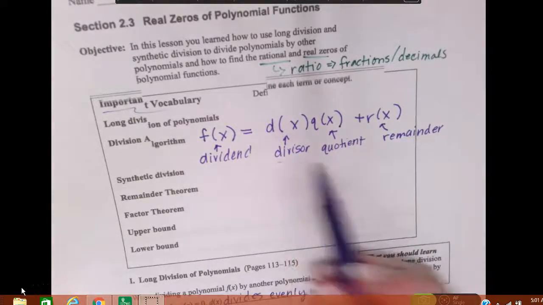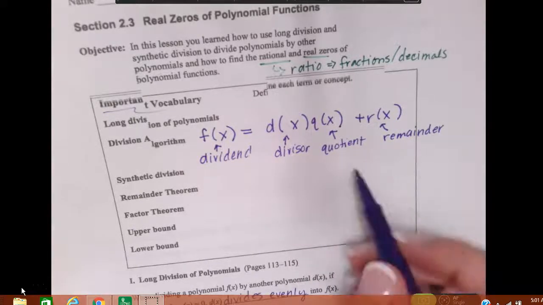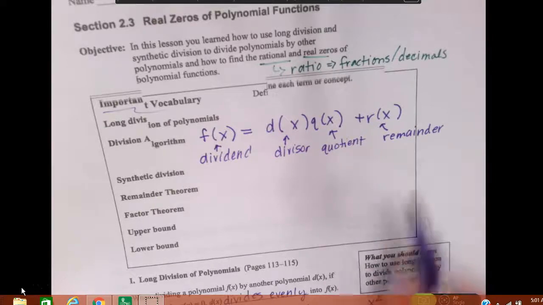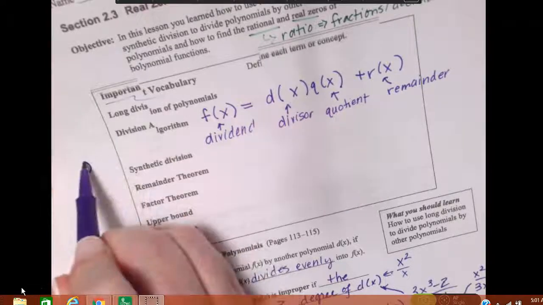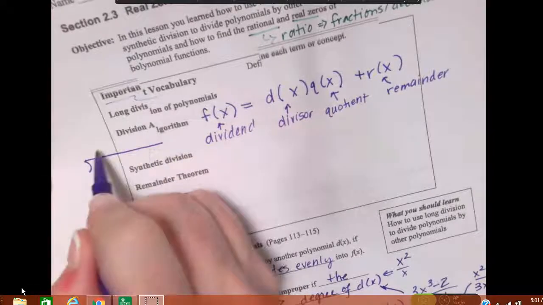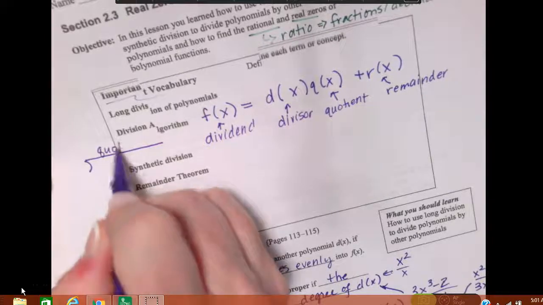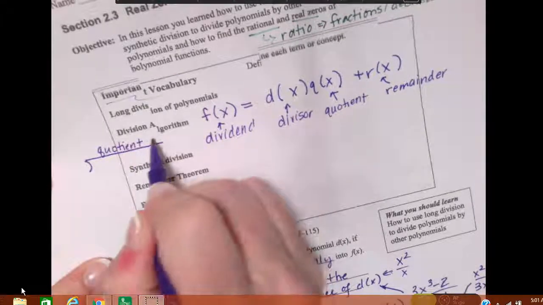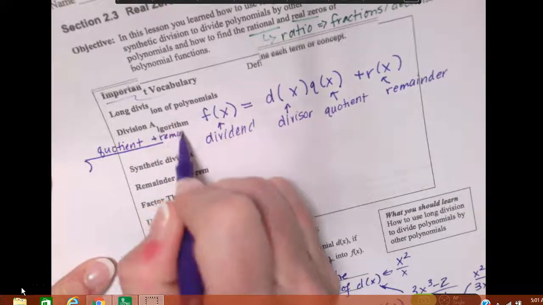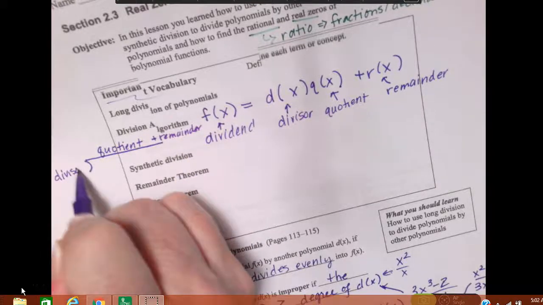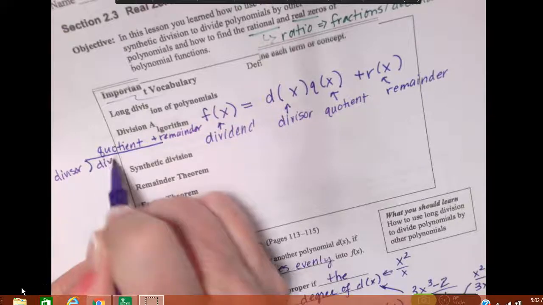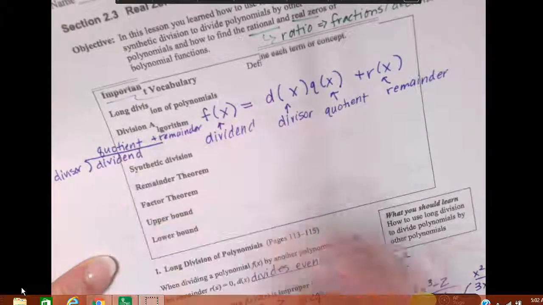If I were going to write it using that division bar, the quotient is the answer. The remainder is up here. The divisor is out here. And the dividend is what goes underneath.